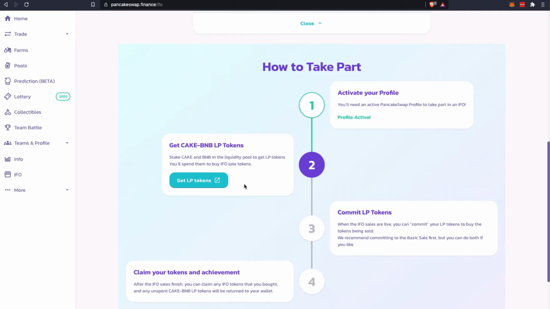Just by doing that alone within that short amount of time, you are already exposing yourself to impermanent loss, and you most likely will experience it. This is the one thing that you want to avoid: creating LP tokens for short-term purposes, because that is a sure way of realizing impermanent loss.